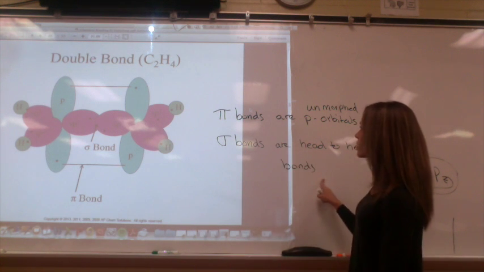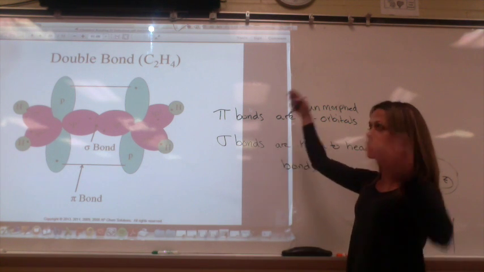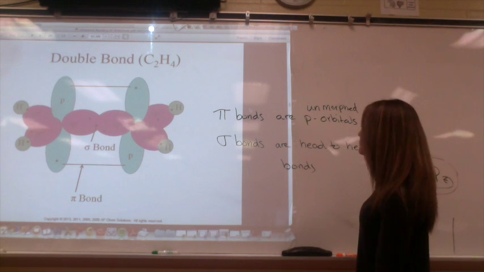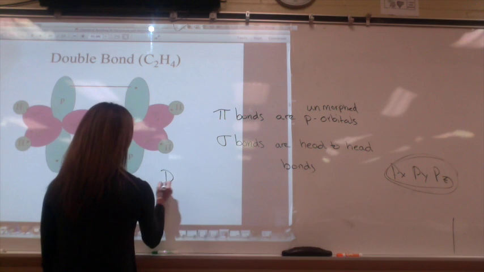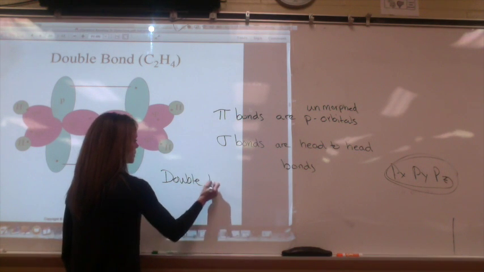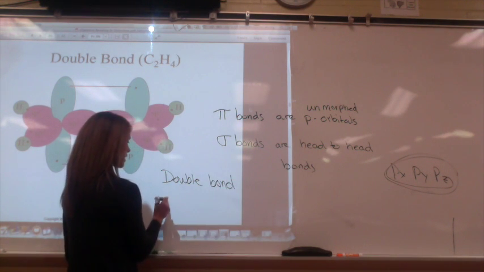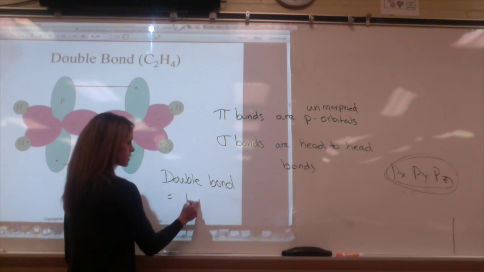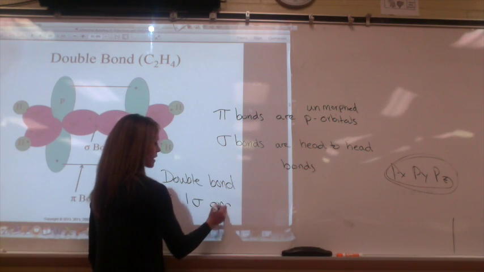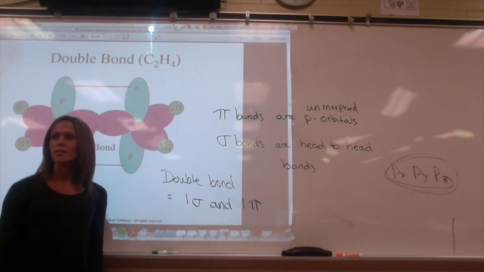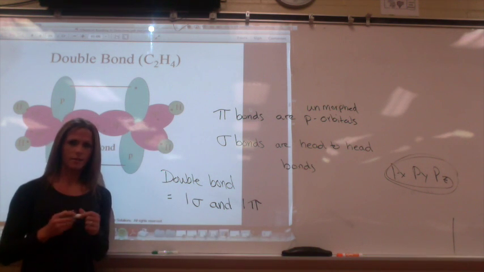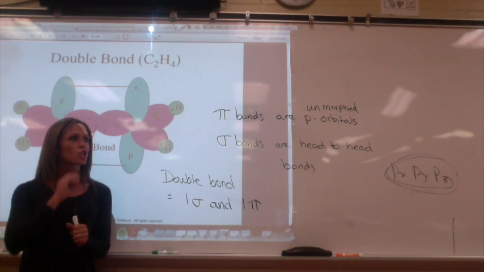So sigmas are your head-to-head, and pi bonds are the p bonds that are overlapping. So here's what you need to know. A double bond is always one sigma and one pi. I'll let you write that down and then I'll chat.